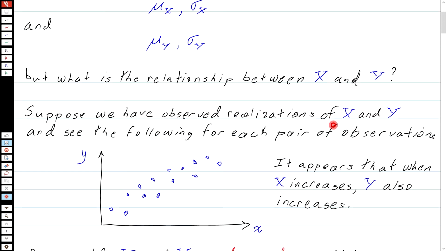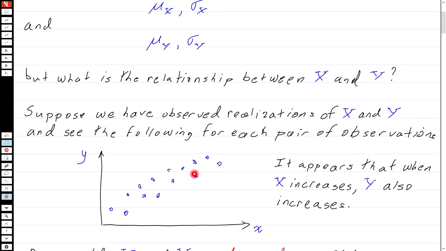An example is that if we took a series of observations or realizations of x and y and then plotted the pairs of points, I might see something like this. And if I do see something like that, it's basically saying that as x is increasing, y also tends to increase. So there's some sort of relationship between x and y.